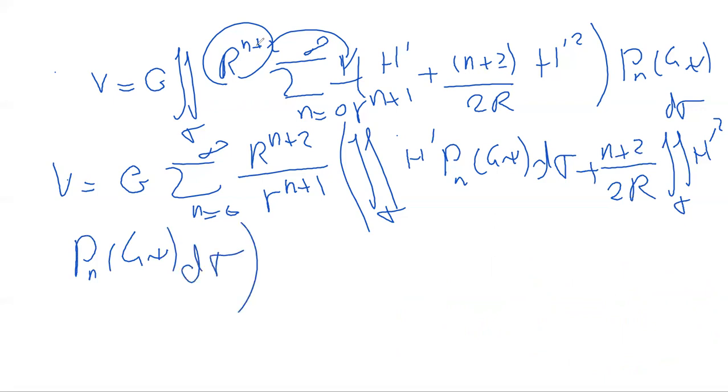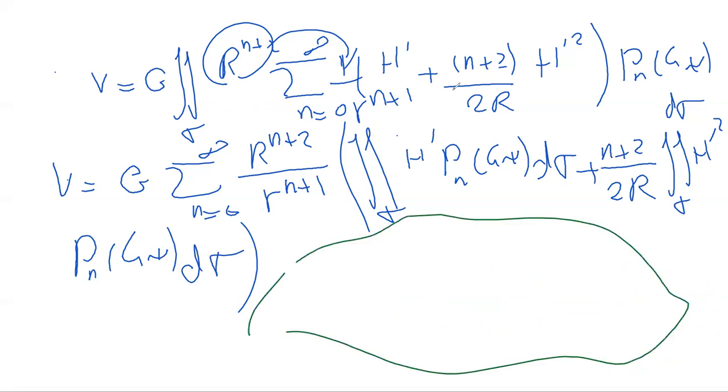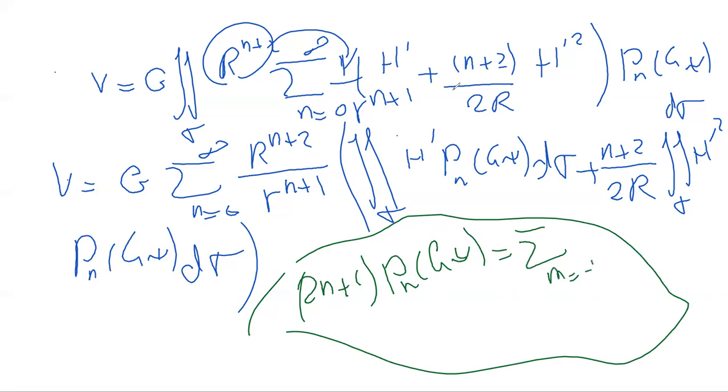So you remember the addition theorem? What was the addition theorem? (2n plus 1) P_n cosine psi is the summation over Y_nm theta lambda multiplied by Y_nm theta prime lambda prime.